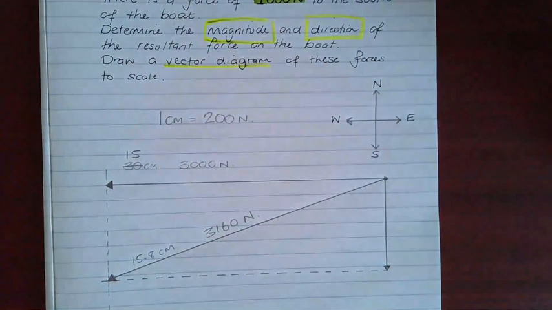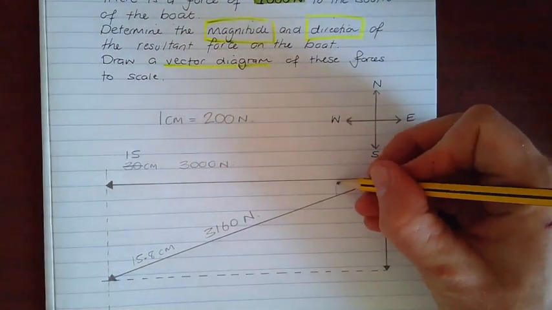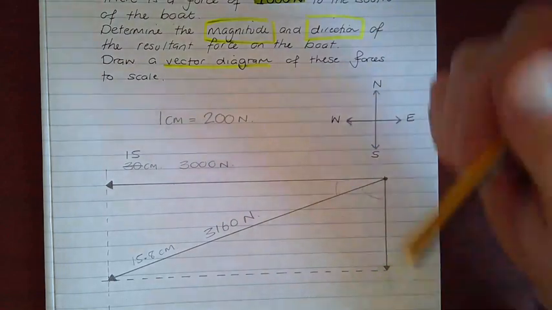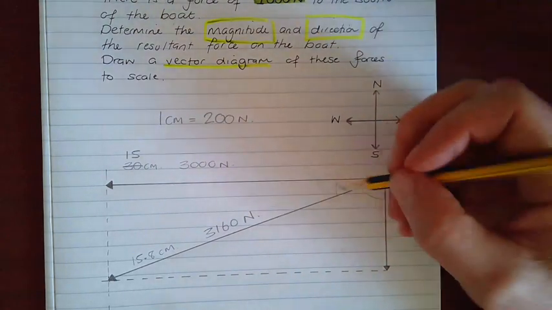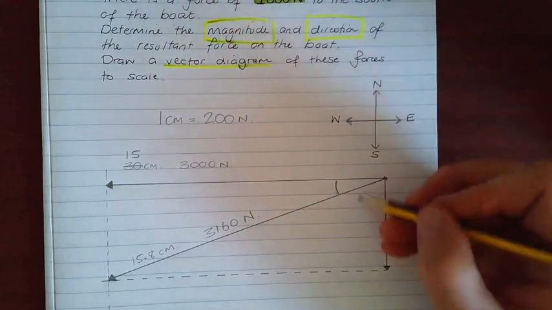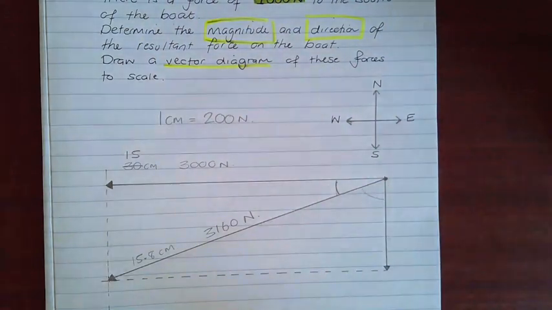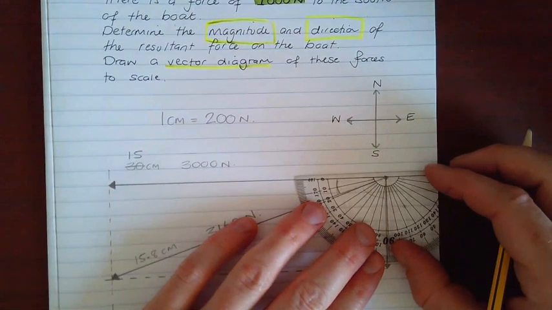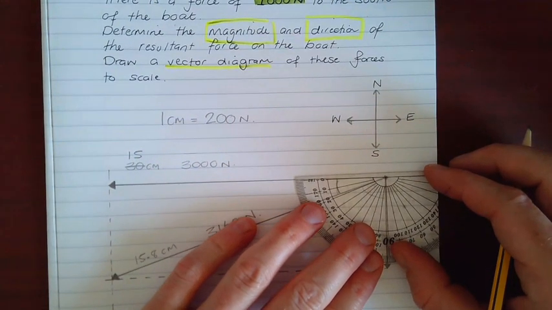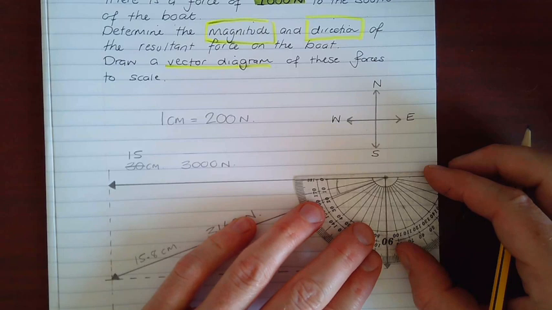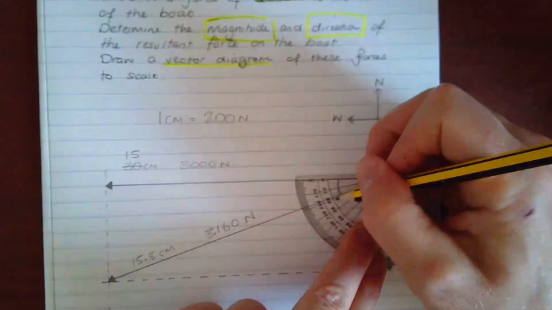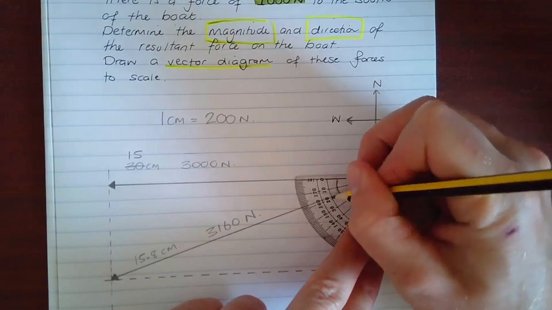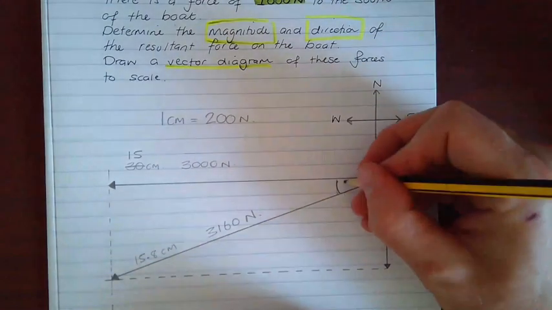And the direction, basically we just need to find the angle here from the horizontal, or you could give them the angle here from the vertical, as long as you mention in your answer which one you are doing. I'm going to do this one here, so I'm going to look at the angle from the horizontal. So you just place your protractor on, like that, make sure we've got a nice straight line, and you can see that this is less than the 20, much bigger than the 10, that is about 18 degrees.